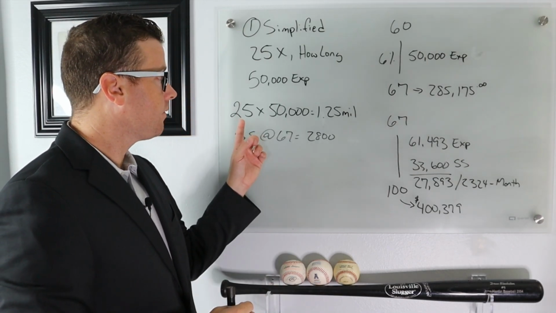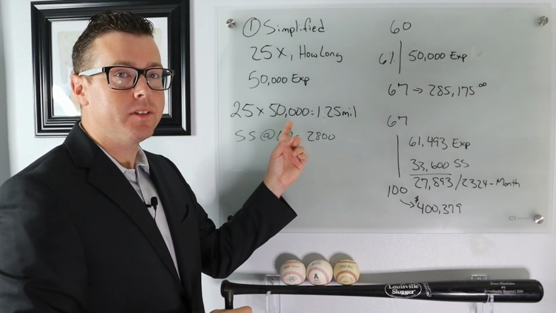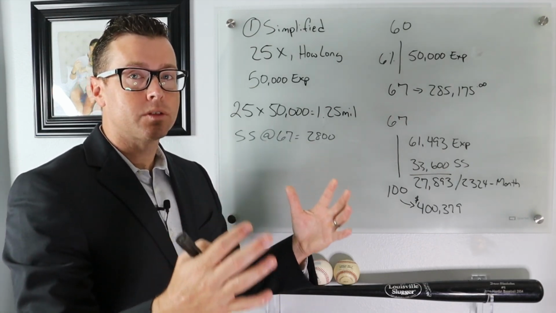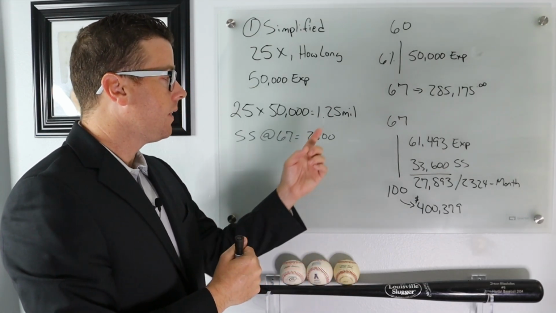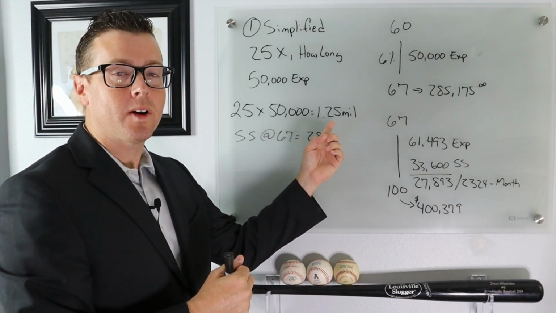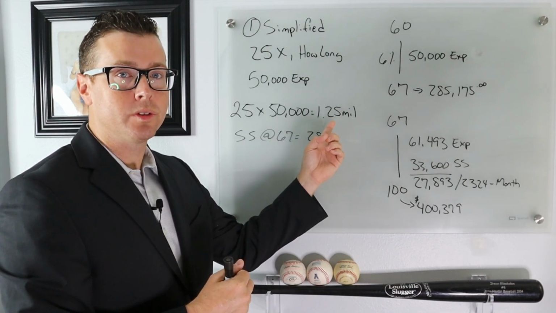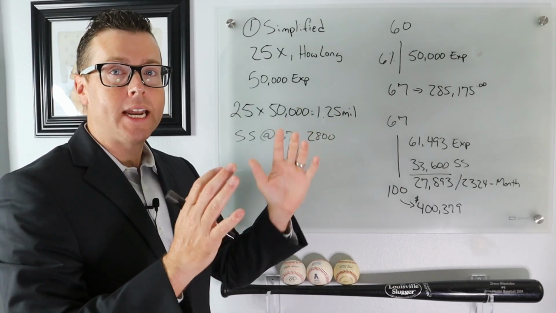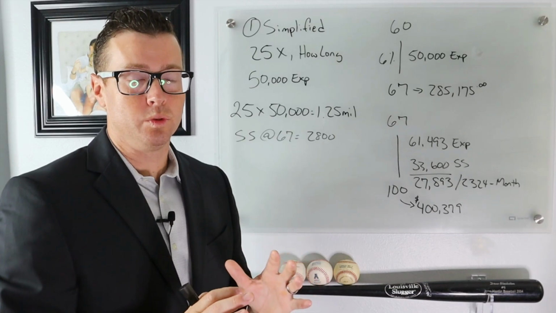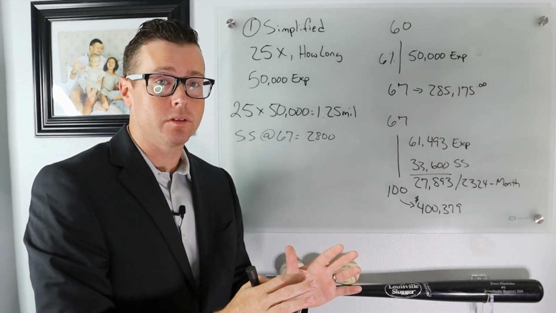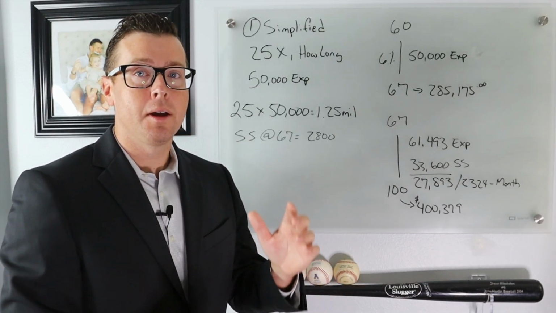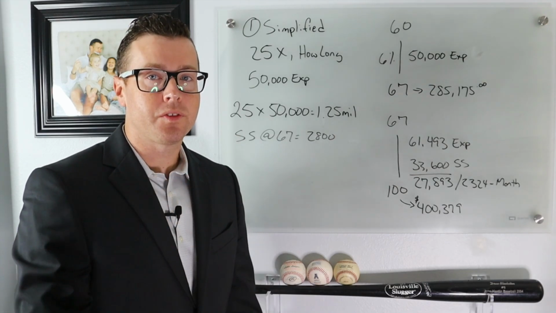So we take 25, we multiply it by $50,000. That's our annual expenses for this example. That means we need $1.25 million to retire at 60. Now, what the 25X rule does not take into account is Social Security, pensions, and inflation.